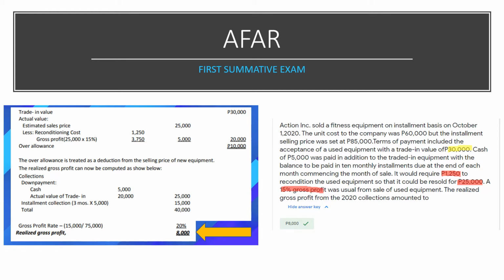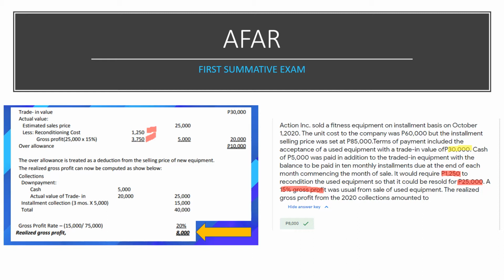Okay, so our 15% gross profit, 15% times 25,000 is 3,750. So that's the 15% gross profit plus the reconditioning cost of 1,250, so we have 5,000. So our actual value is really 20,000. Okay, so the actual value of that used equipment is only 20,000. Because of course, we still have to recondition it and we also deduct the gross profit. So its real value is only 20,000.